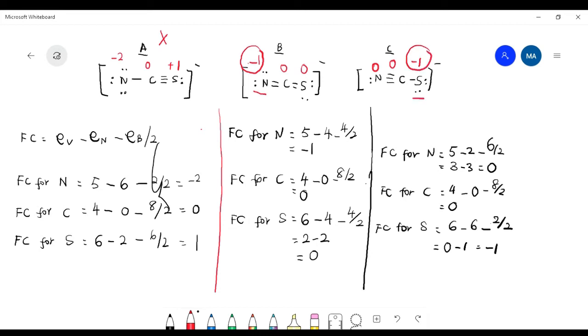In the rule of formal charge, the negative charge should reside at the most electronegative atom. In this case, nitrogen is more electronegative than sulfur. So that's why structure B is the most preferred structure for the thiocyanate ion.